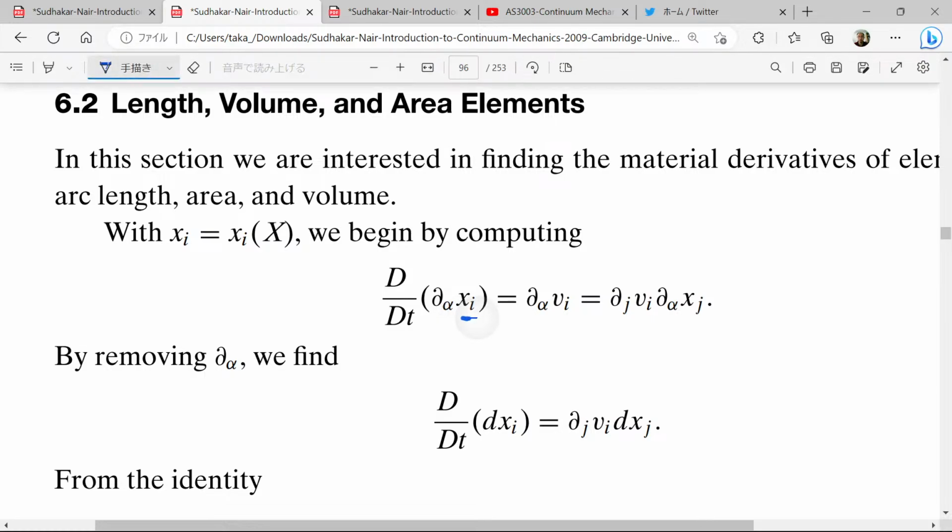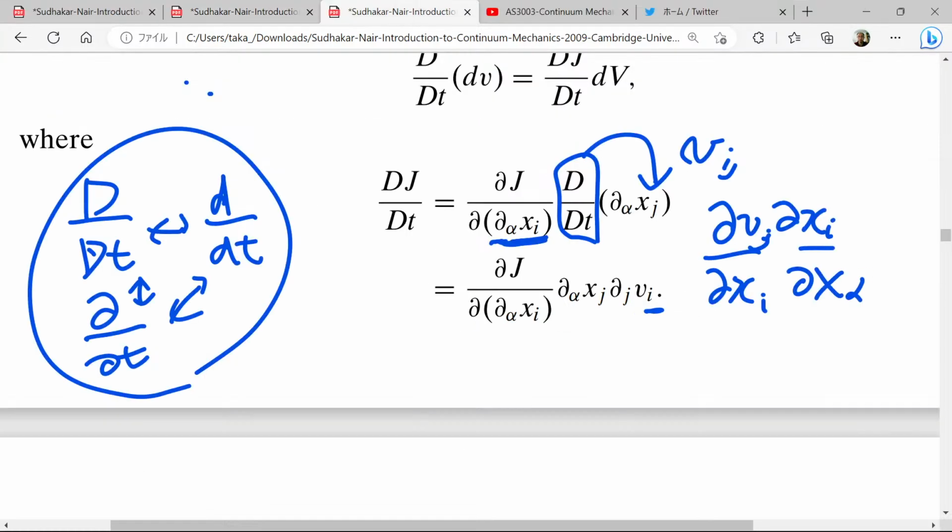So this is xi go to vi, and vi remain here. So we have the same thing. Alpha j.